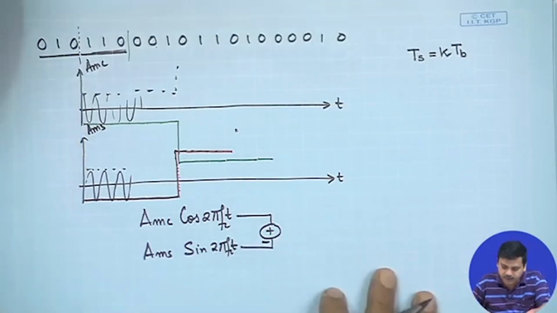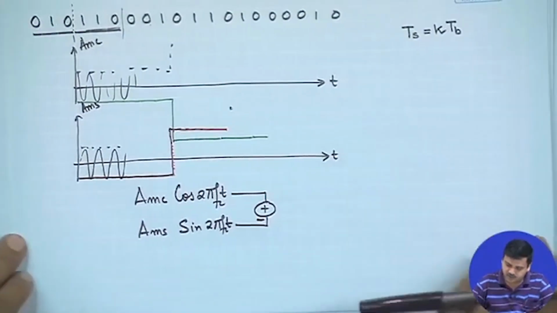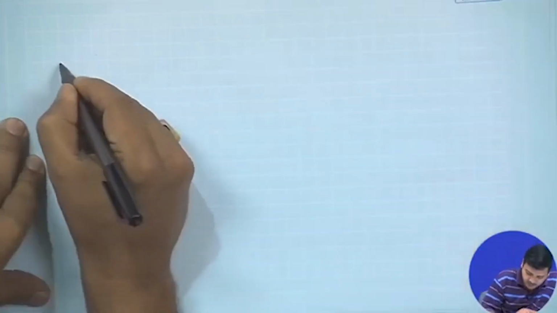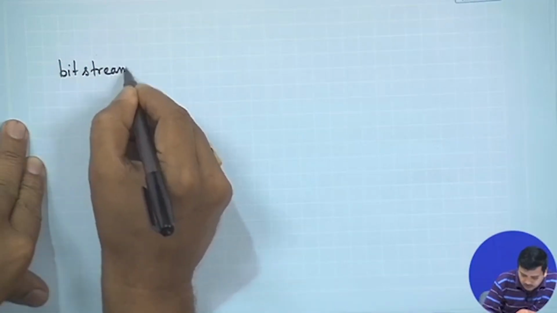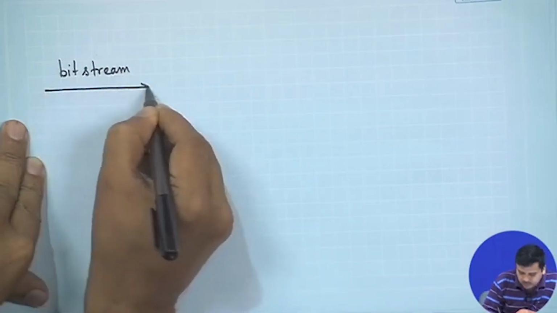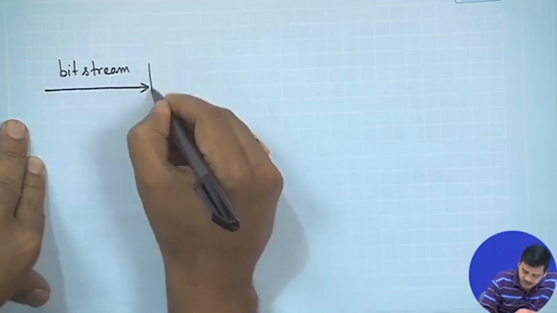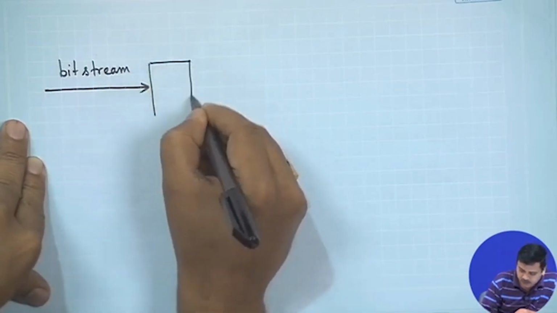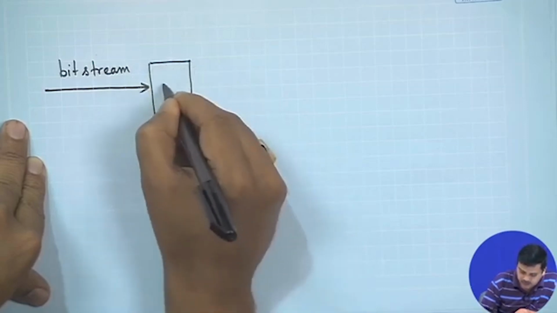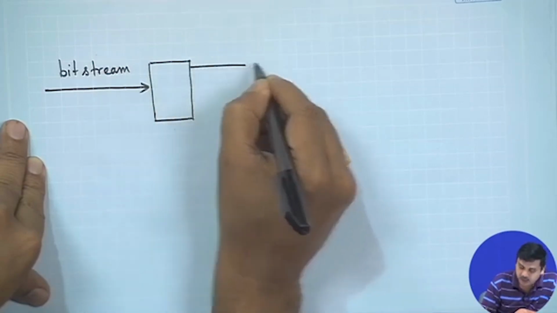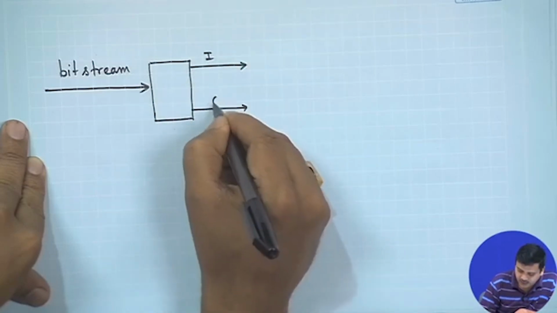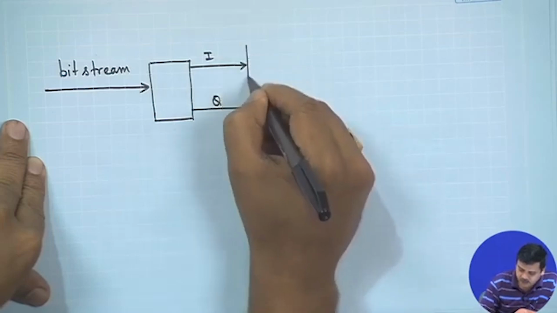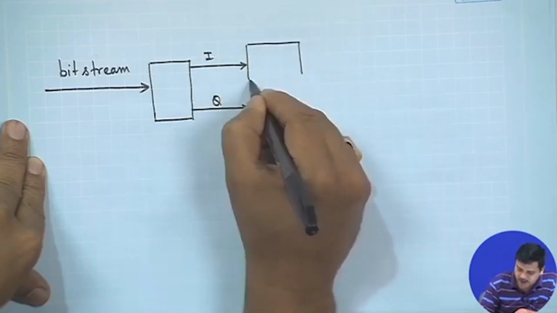So, a block diagrammatic representation that we can think of for this particular generation would be bit stream, then you could say split into the I channel and split into the Q channel, and there will be PAM.